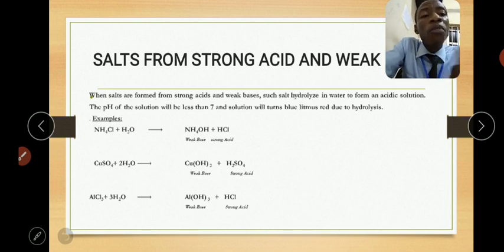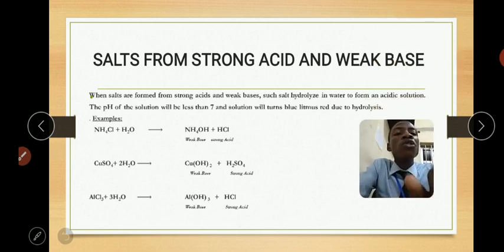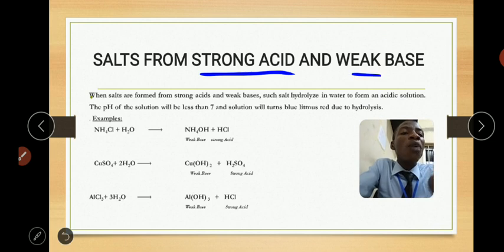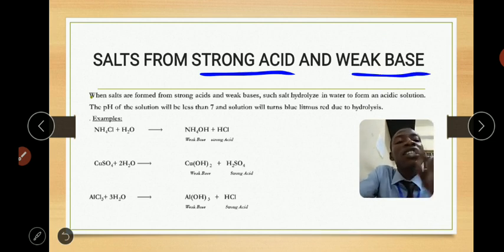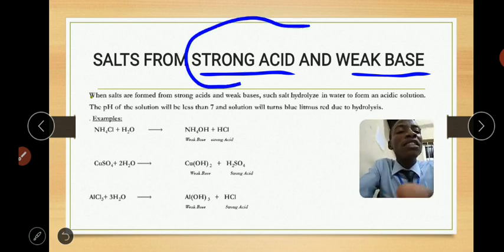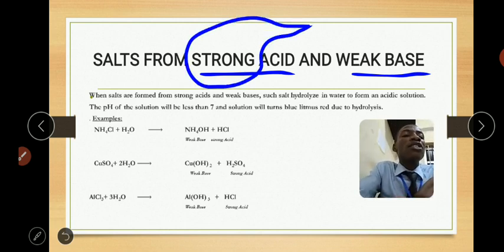Salts that are formed from strong acid and weak base. These salts tend to be acidic in water because the acid component is strong. So when these salts dissolve in water, they behave like an acid.